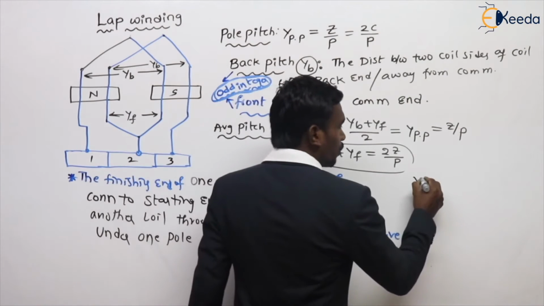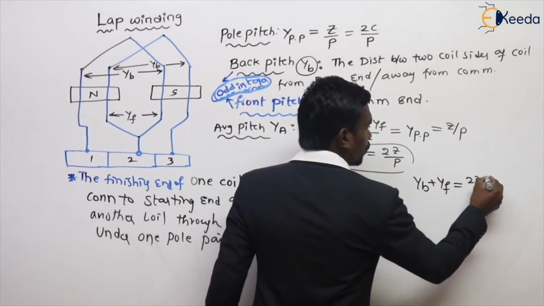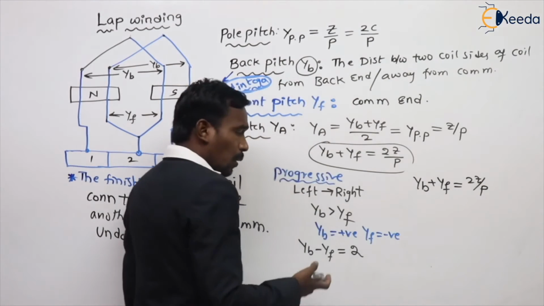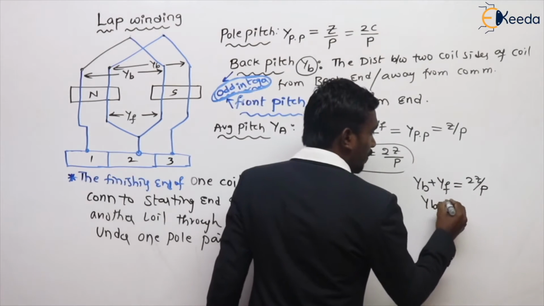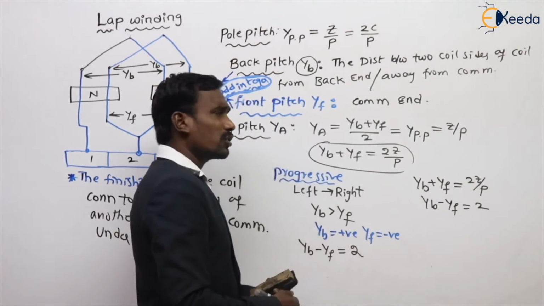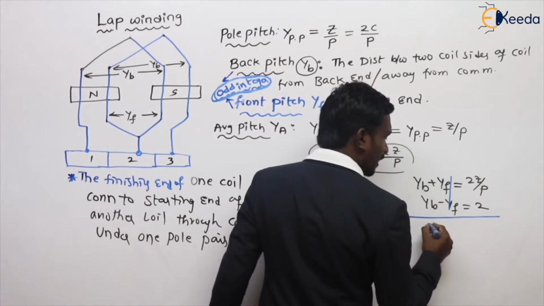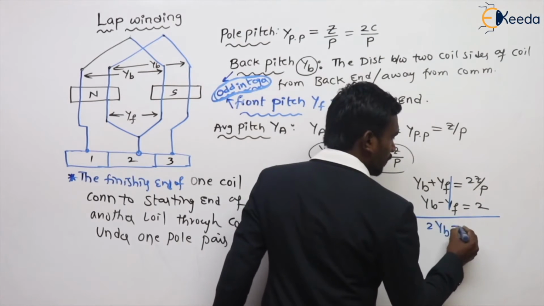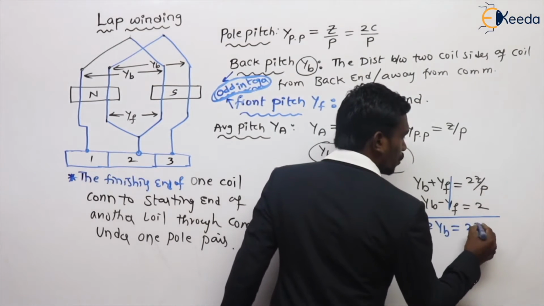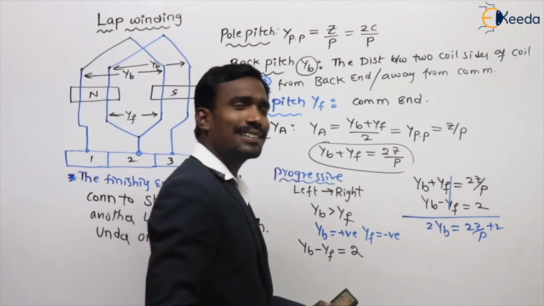I already told you YB plus YF is equal to 2Z by P, whereas YB minus YF is equal to 2. So solve these two. When you solve these two, YF gets cancelled. So 2 times YB is equal to 2Z by P plus 2, where 2 gets cancelled out.